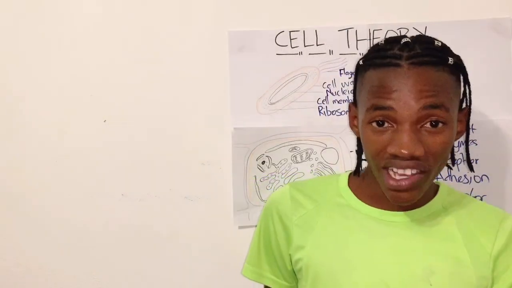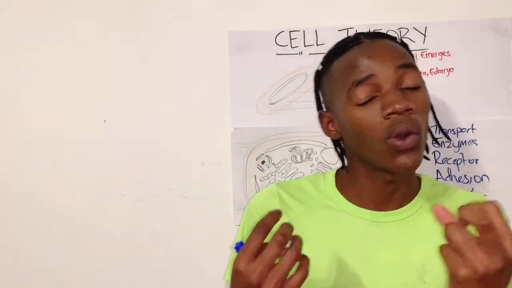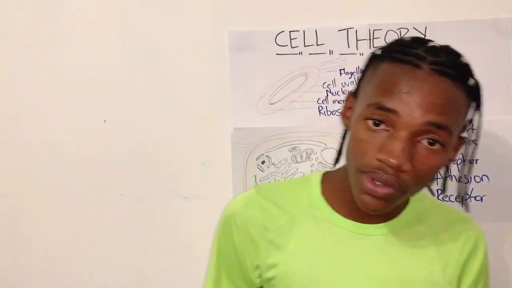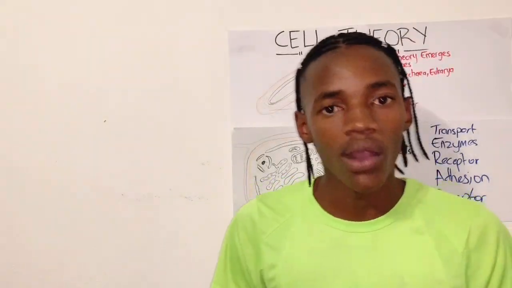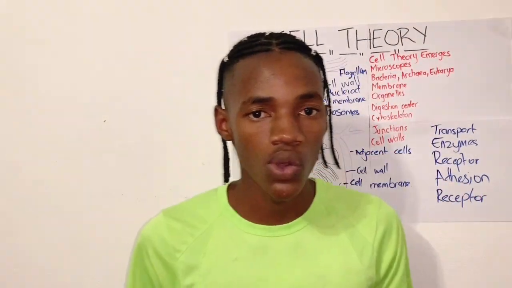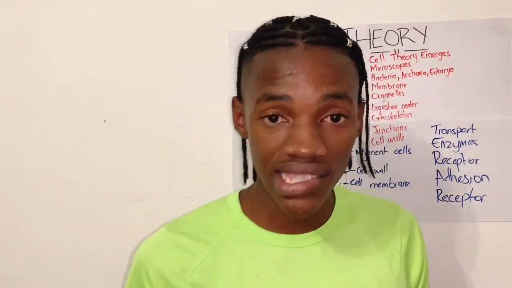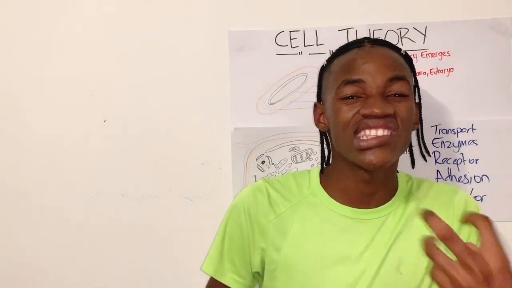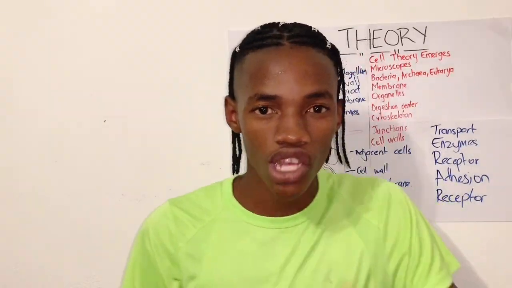The function of the rough one is that it holds ribosomes, and the ribosomes obviously produce proteins. So it holds ribosomes and it helps in the production of proteins. And then the smooth one synthesizes and makes lipids, and it detoxifies toxins.